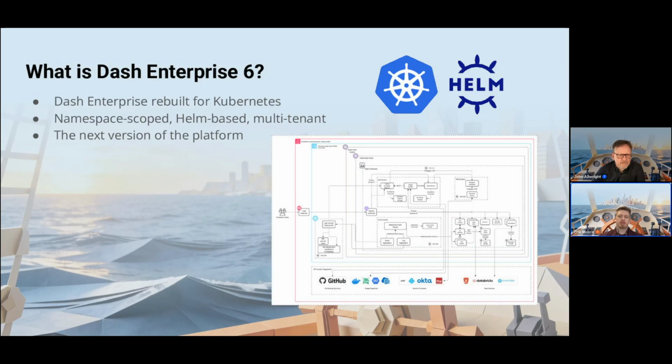You have to spin that up, and the platform would run inside of that. Now Dash Enterprise 6 is able to operate entirely Kubernetes native. It can scale across and make use of a lot of the standard Kubernetes practices. The install is straightforward using standard tools like Helm.